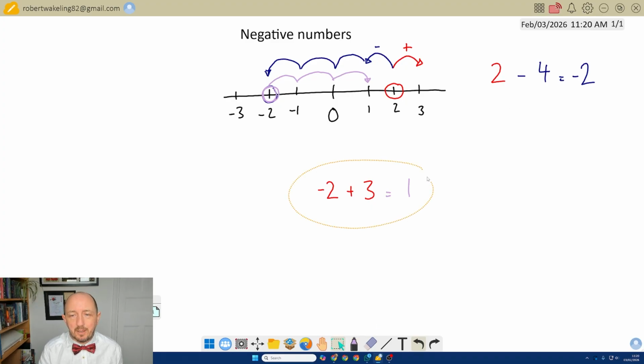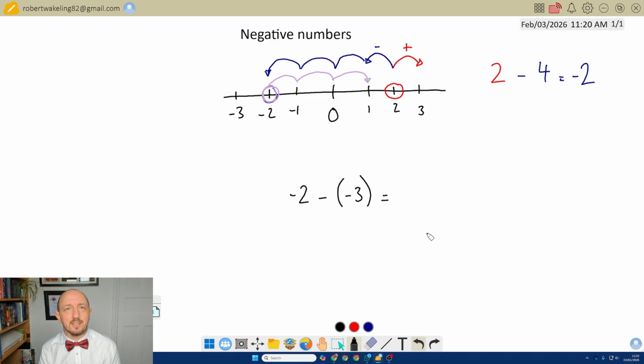Okay, what about if we have minus 2 minus 3, like this? And this is where it starts to get even more confusing, I should say, because it's already confusing. But here, we've got a minus and a minus kind of attached to each other.